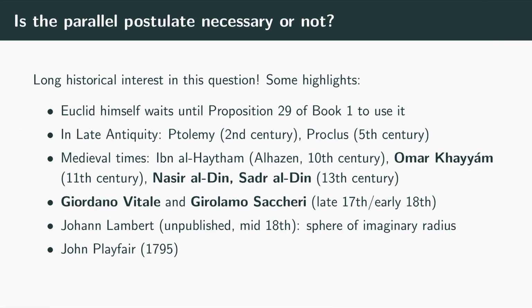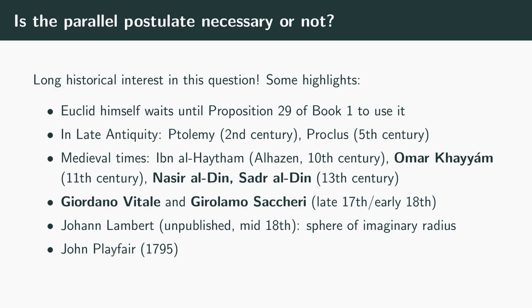So a question that was of historical importance was whether the parallel postulate is actually necessary to take as a postulate or not, or is it secretly a theorem that you can prove from the other axioms that we have in Euclidean geometry. There's a long historical interest in this question.